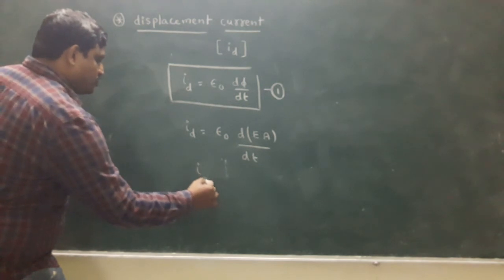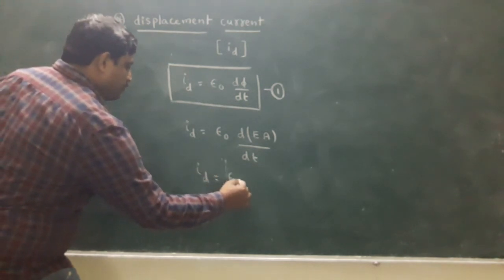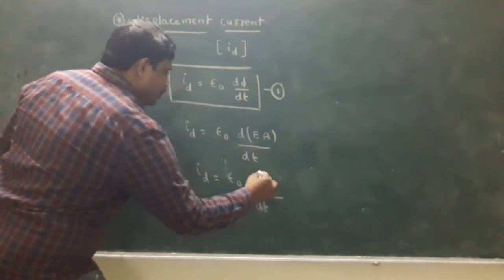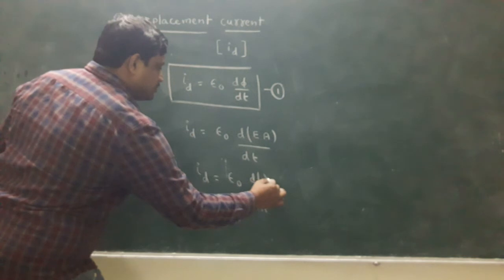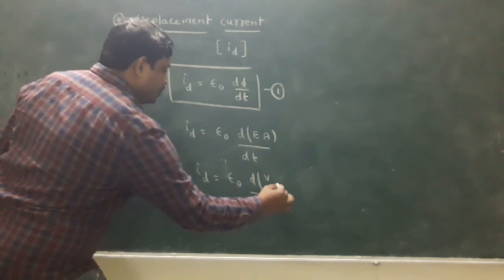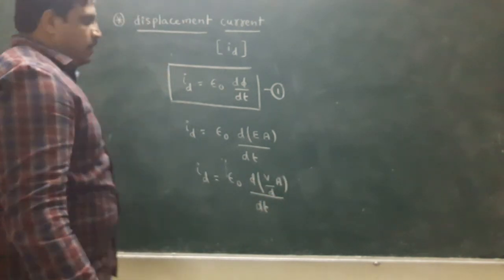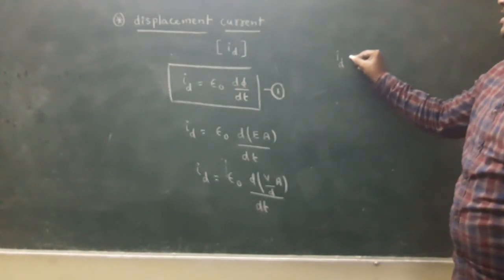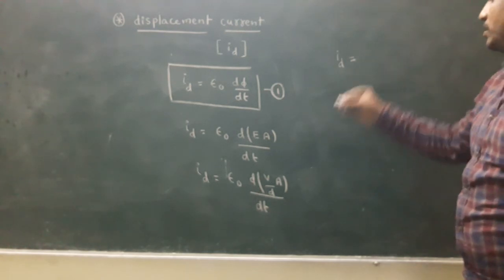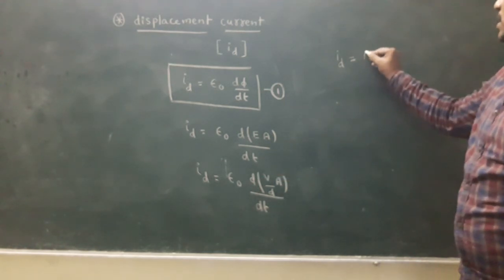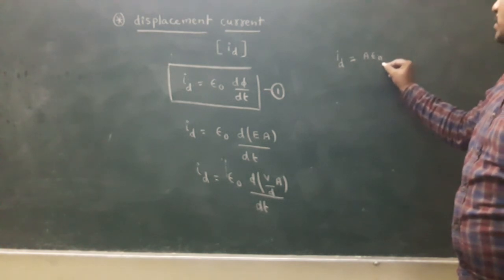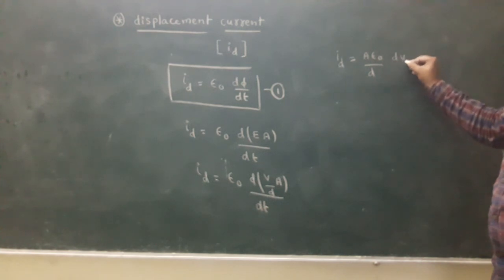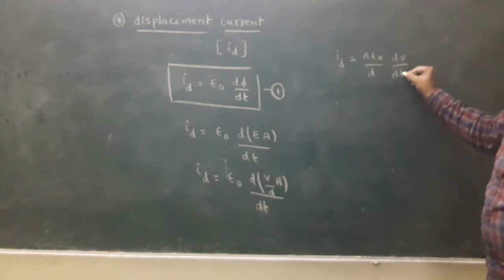The relation between electrical field and potential is E equals V by d, so I_D equals epsilon naught A by d into dV by dt.